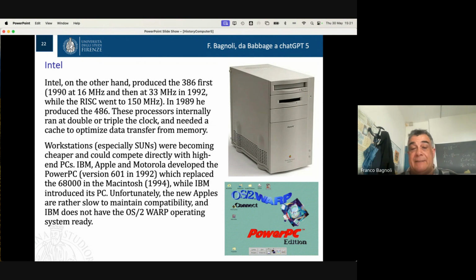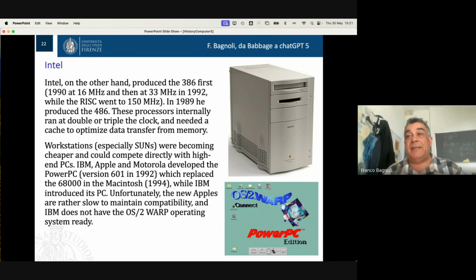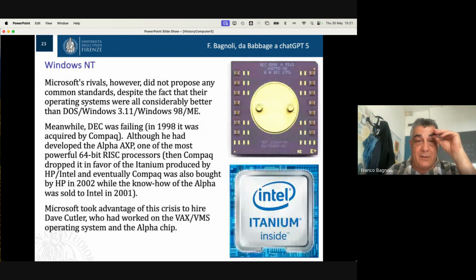But this continuous changing of the hardware platform was not, as usual, accompanied by a well-developed operating system, or improvements in the operating system, so that at the end one had the impression that the chip is very sophisticated, but the operating system is not exploiting this power, and at the end it was slow. And this was one of the problems that led to the dominance of Microsoft.